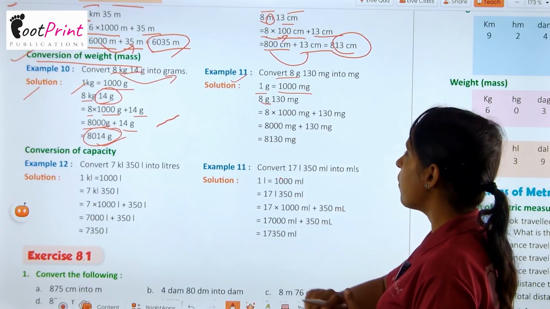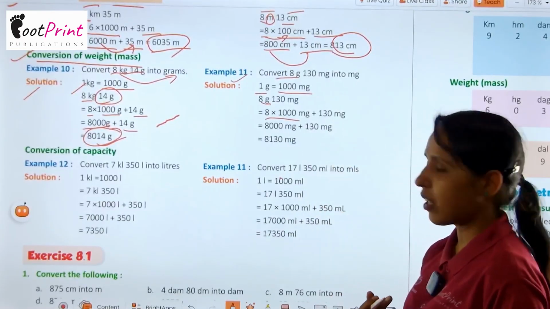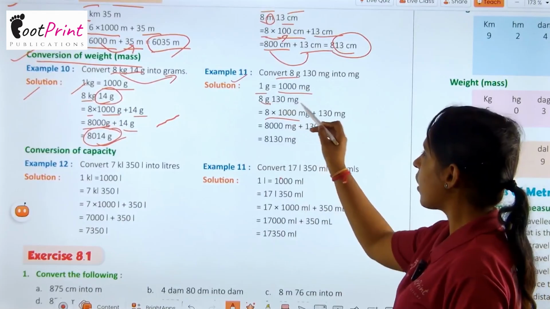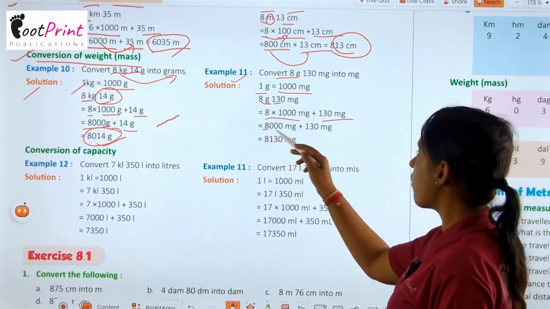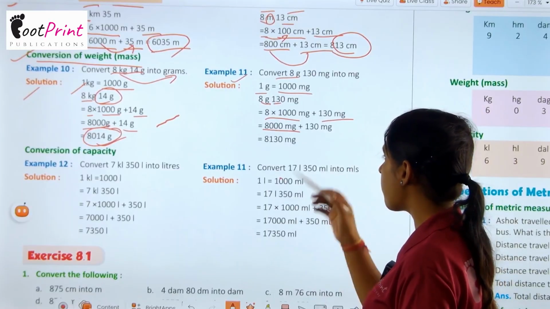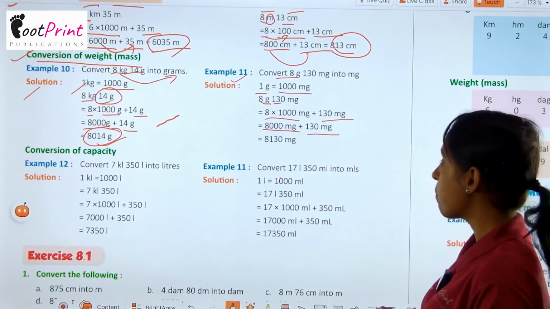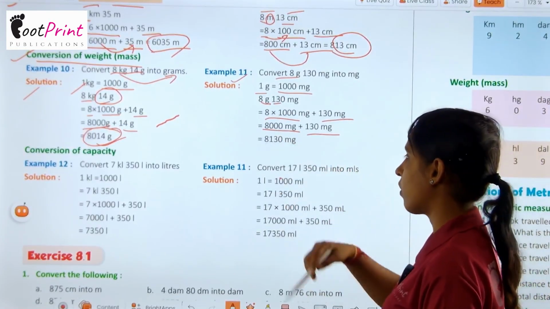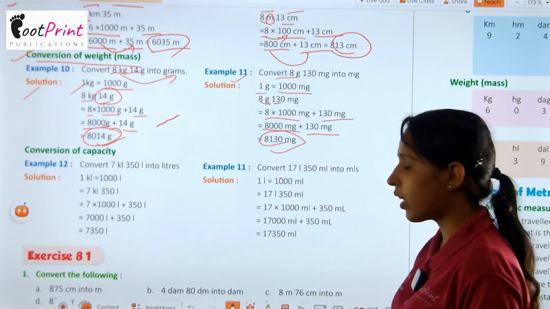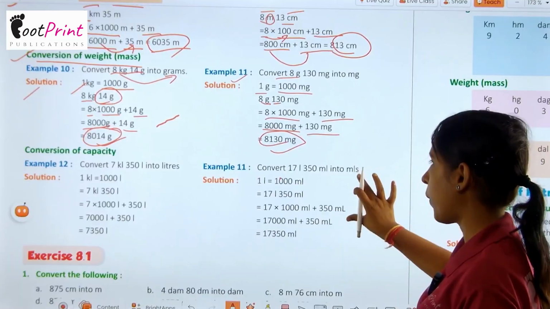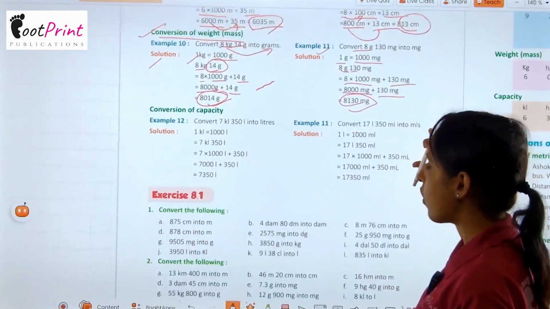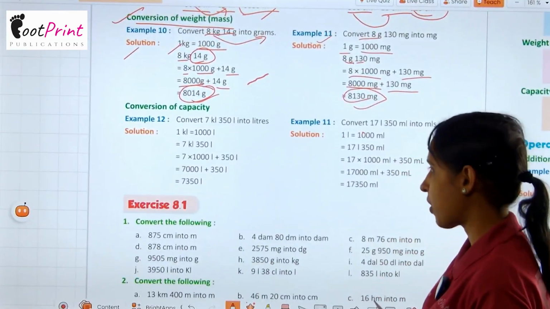So 8 gram will be 8 multiplied by 1000 milligram, and 130 milligram is given here, we write it as it is. So here we get 8000 milligram and we add 130 milligram to 8000. So what we get? We get 8130 milligram.